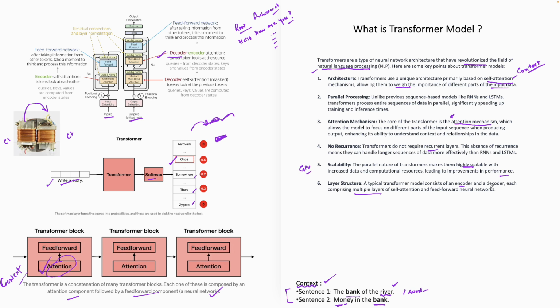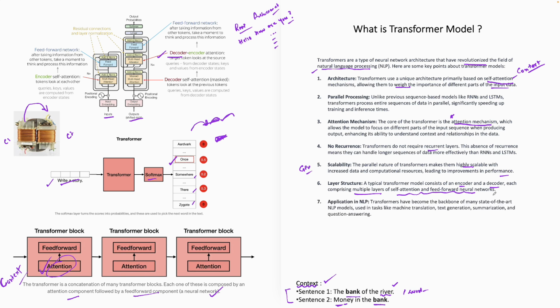Every encoder, every decoder would have multiple layers of self-attention and feed forward neural network. This is the key here. Self-attention and feed forward neural networks are what create a transformer model, right? And all throughout these, you will see the context follows, or the attention follows.